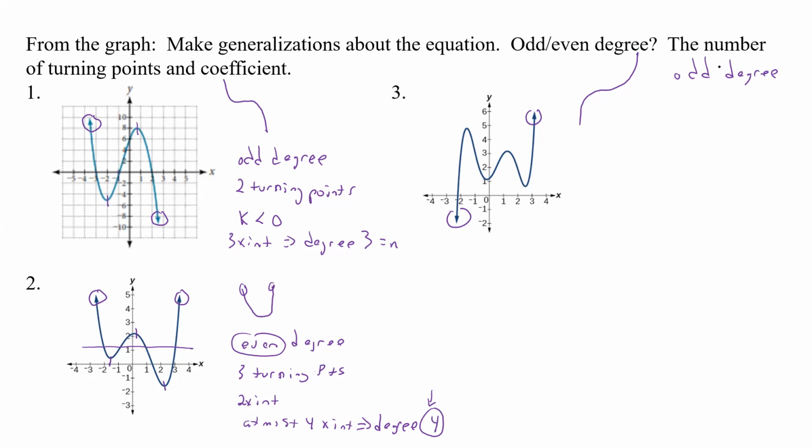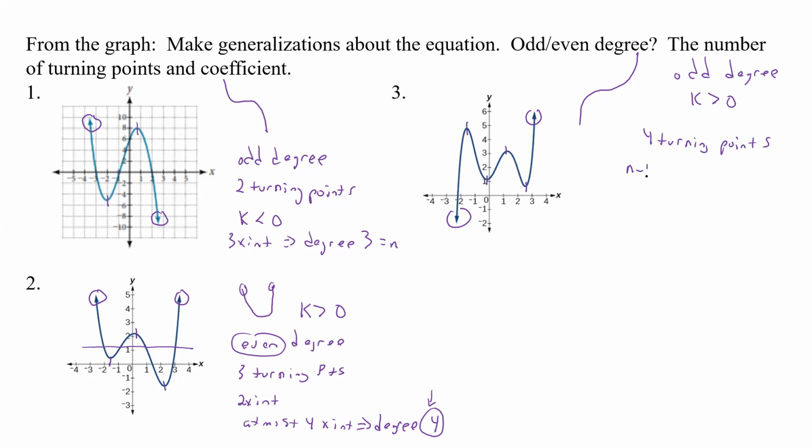What else do we know? Oh, did we write down the coefficient here? Here, k is going to be greater than 0. Okay, so we know that coefficient. Now here, what do we know about k? Well, k again, it's going up like that, so k is greater than 0. It's odd degree. And how many turning points do we have? 1, 2, 3, 4. So we have 4 turning points.